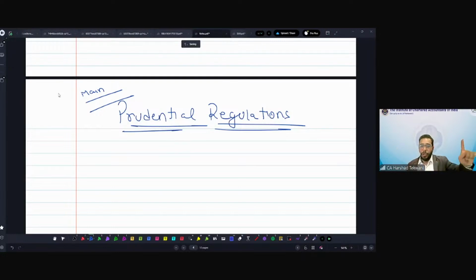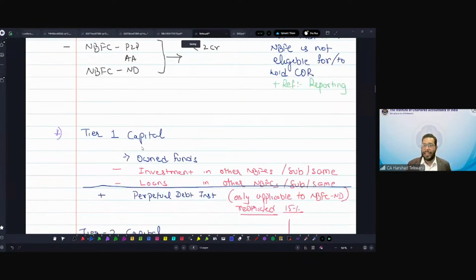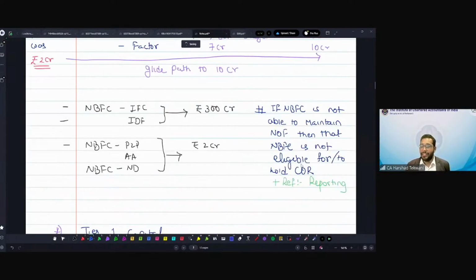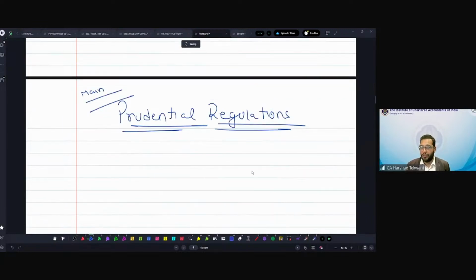Everything comes under the prudential regulations. Because of that, in order to understand prudential regulations, we have to understand tier 1, tier 2 capital, net owned funds, classification, scale-based regulations, everything, so that we can understand the prudential regulations.